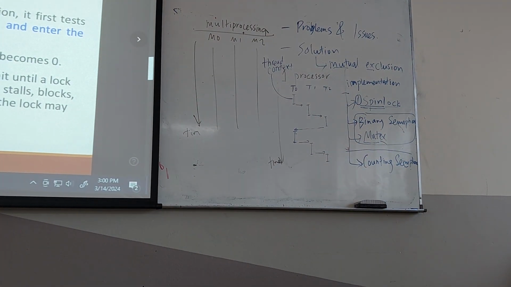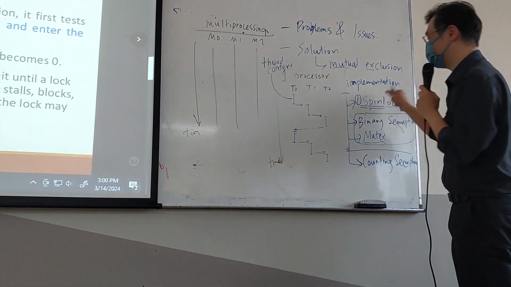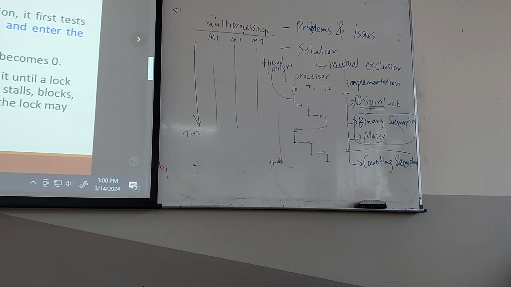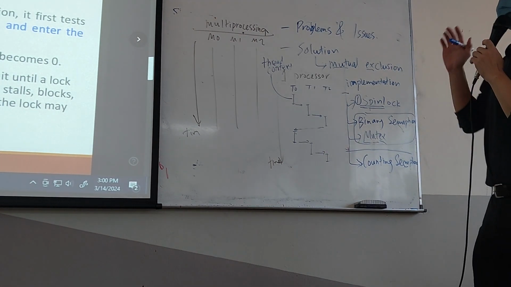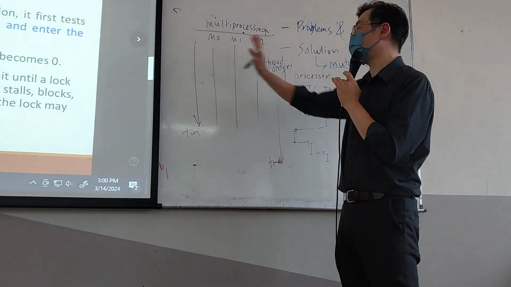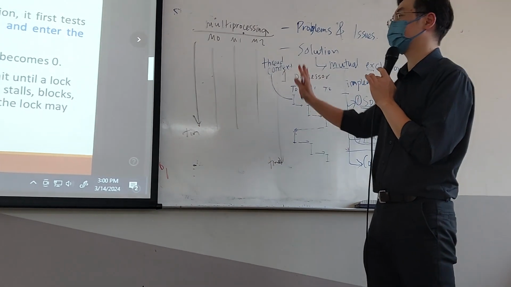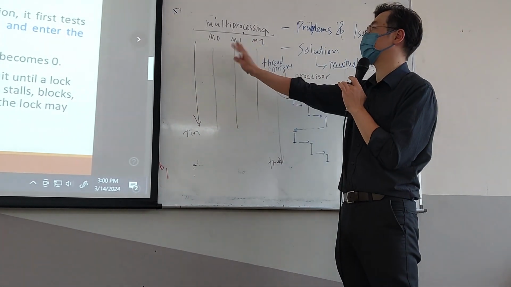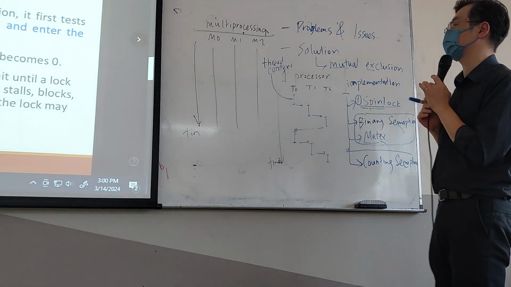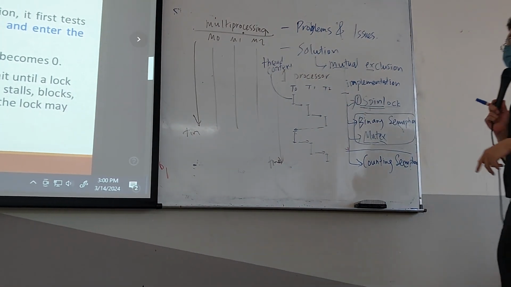Right. Now I'm ready to talk about spin lock. Okay, after talking about this, now we talk about spin lock. Okay, suppose you don't have multiprocessing. We talk about multi-threading first. Of course, we'll apply to multiprocessing, but let's talk about multi-threading first.